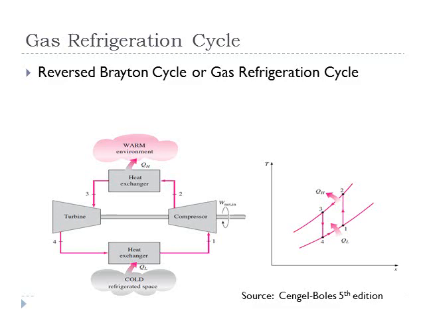The 1 to 2 process represented as a vertical line on TS diagram, that means compression process was carried out isentropically, and we can see that the temperature at 2 is quite higher than the temperature at 1, and the pressure is also very high.